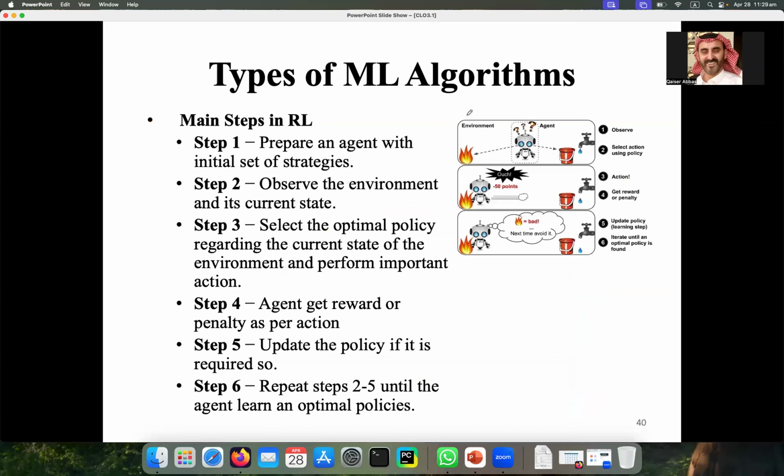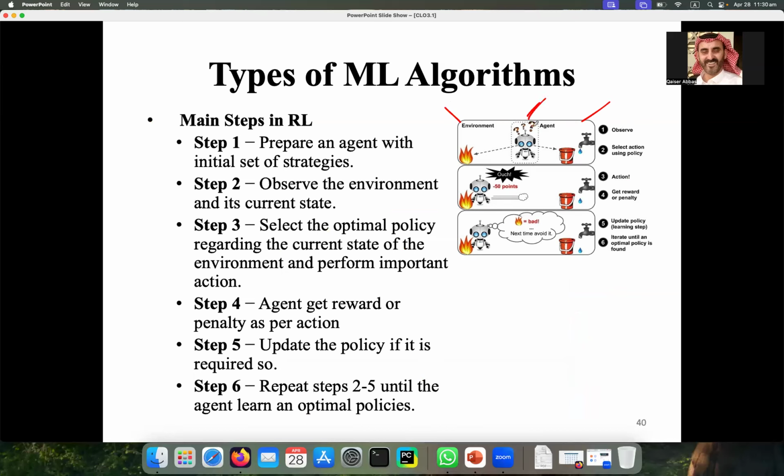Now, this is just an example. Here we have an agent, and this is the environment. In the environment, the agent has the fire and the bucket, and here we have a water tap. Initially, the agent will observe the environment.